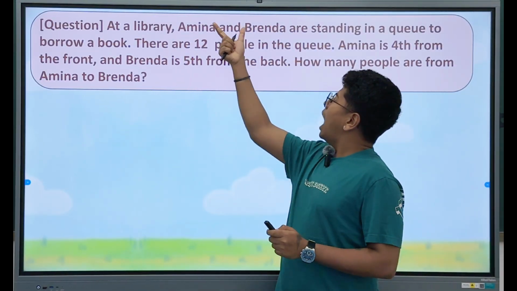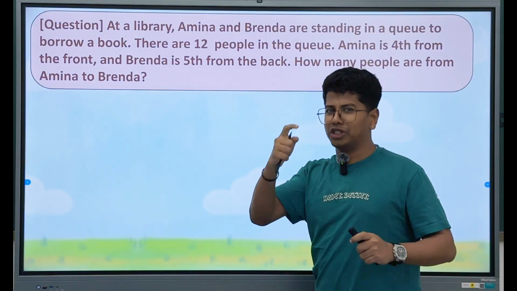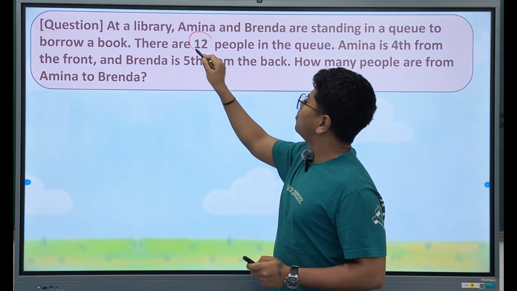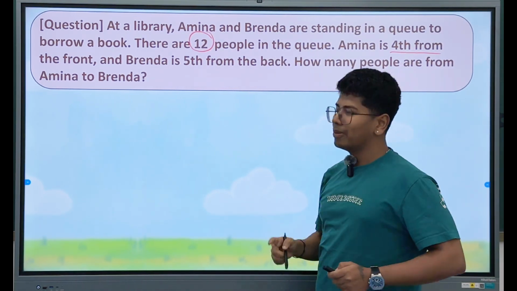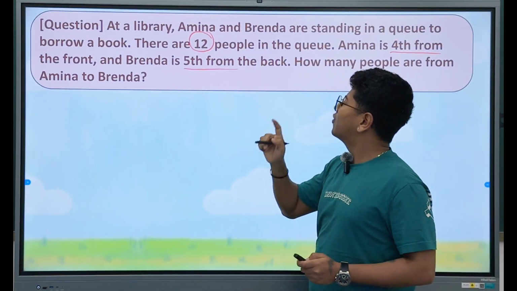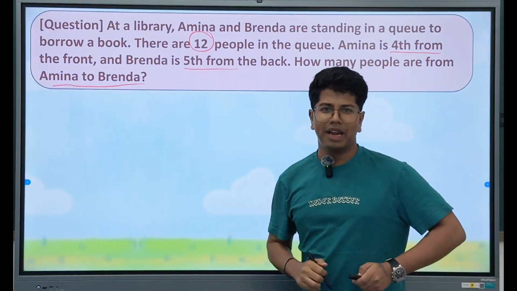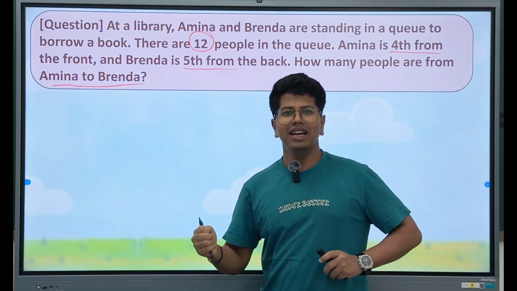So remembering this, let's have a look at our question. At a library, Amina and Brenda are standing in a queue to borrow. Remember, we should highlight the key information. There are 12 people in the queue. Amina is 4th from the front and Brenda is 5th from the back. Now we have to calculate people from Amina to Brenda. So here there is some front, some back.